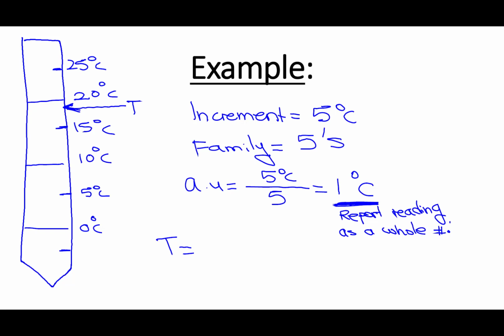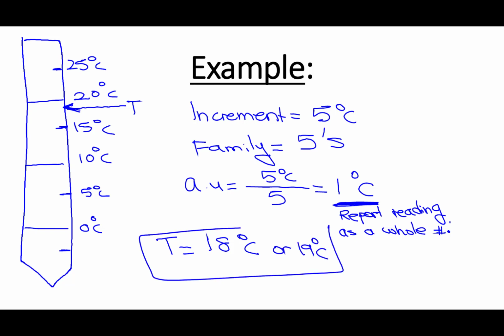I would say it's 18. Okay. 18, 19. You could say something like that. I will say 18. Even 19 degrees Celsius. Either one is correct. And as you can see here, I reported it as a whole number. It should not have any decimal on it based on the absolute uncertainty that we figured out.